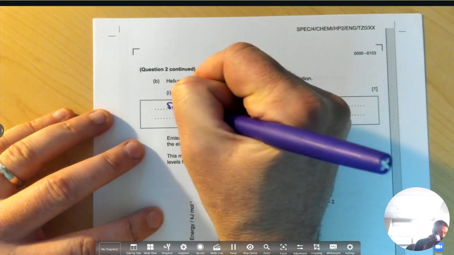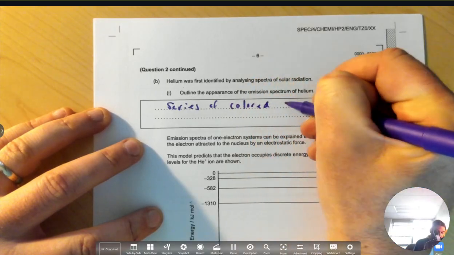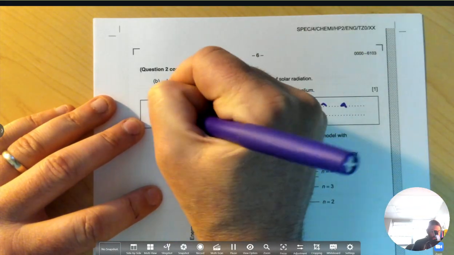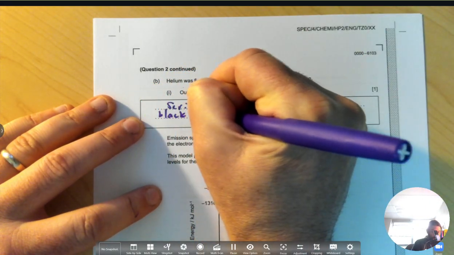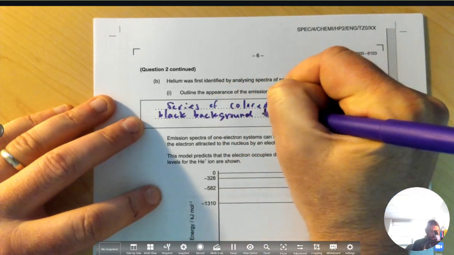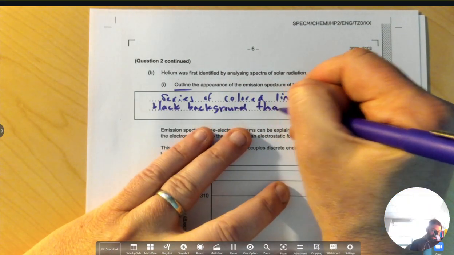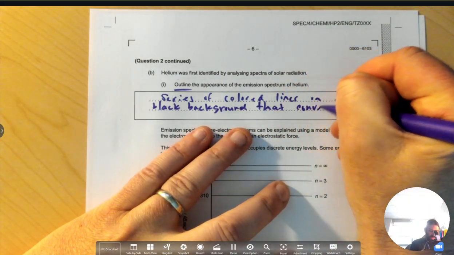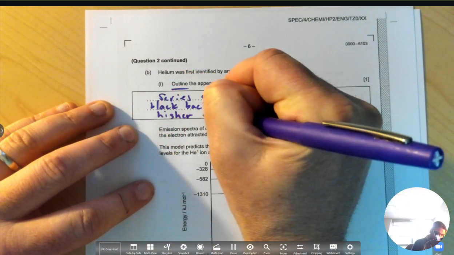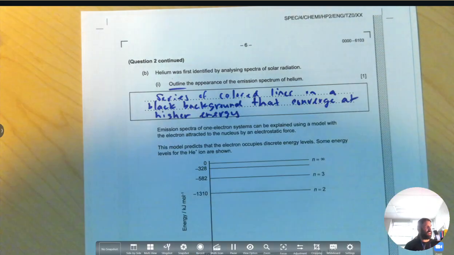It's a series of colored lines on a black background, and we're only asked to outline here, so I probably don't need to say this, but I'm still going to, just in case, that they converge at higher energy. Unfortunately, this is just one of those things you kind of got to know.